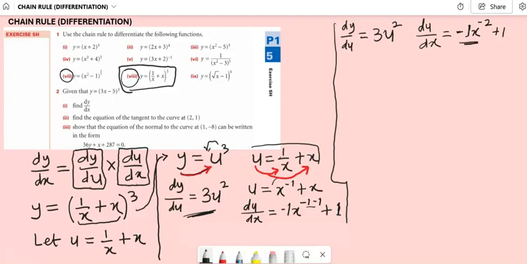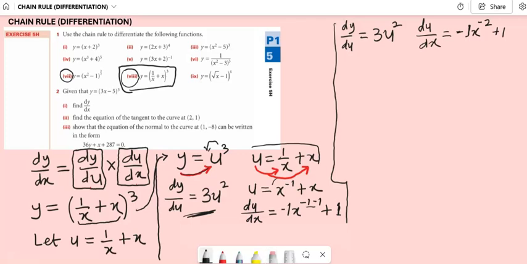This equation can also be written as minus x raised to the power of -2 plus 1. So I want to maintain -1, because of some students. If I remove -1, it might confuse them. So let us maintain that -1.